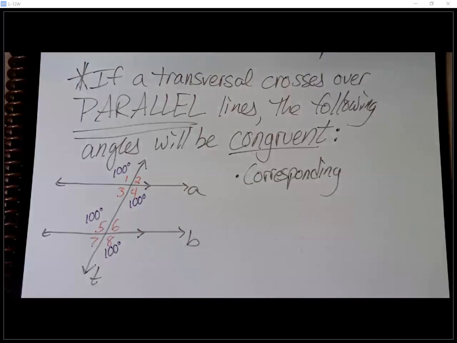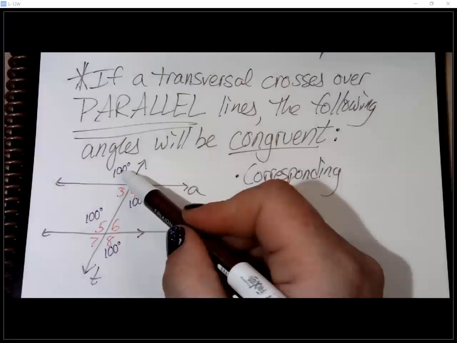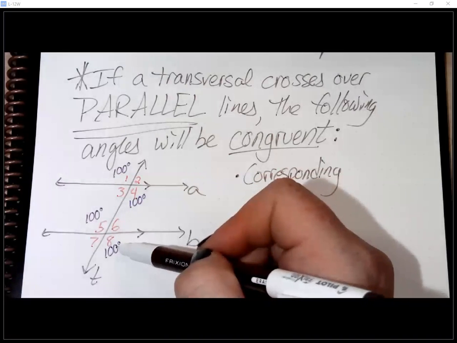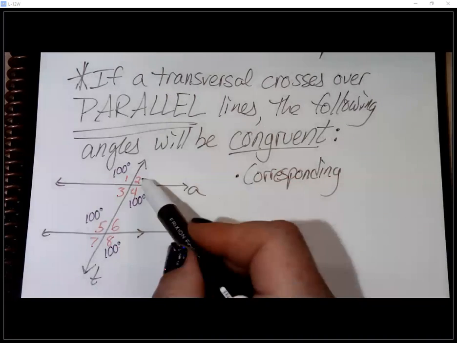I want to know out of that list, all the ones that I have marked as 100, what else are they besides vertical and corresponding angles? Sam? Alternate exteriors. Yeah, there's a pair of alternate exteriors, 1 and 8, that are in fact the same as each other, aren't they? And Aiden just told us that 2, 3, 6, and 7 are all going to be the same.